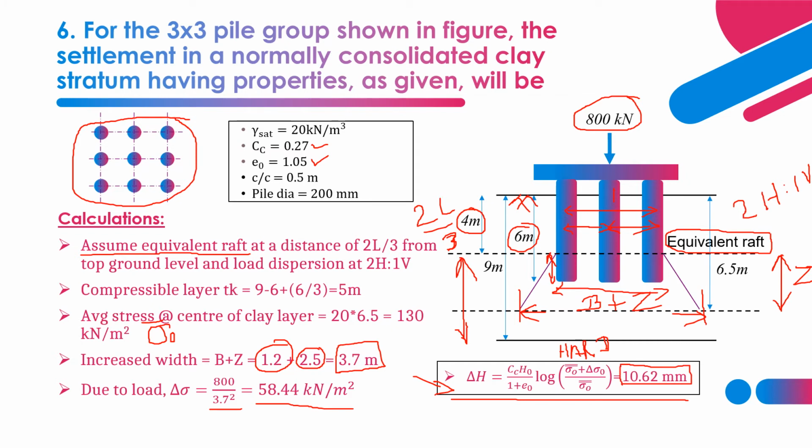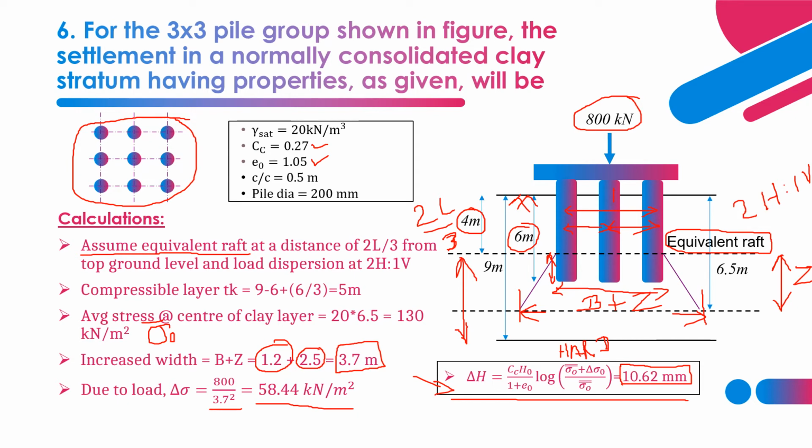So this is how we have to approach this type of question. First step, we have to convert the pile group into an equivalent raft. That is 2L by 3 from the top ground level, and load dispersion is assumed as 2H to 1V. The stress in the clay layer is taken at half of the compressible clay layer thickness, to know the average stress.